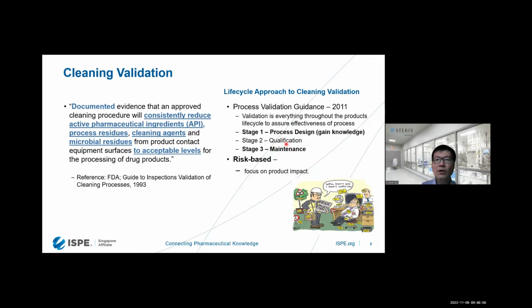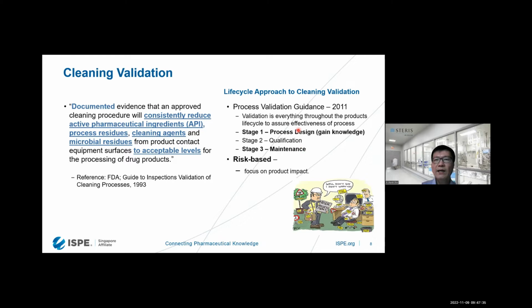In this stage, the main aim is to ensure that your validated cleaning procedures continue to be in the validated state in the foreseeable future by having a periodic review of your cleaning procedures, and also implementing process controls like, for example, the change control system, deviations, CAPAs, to ensure that you continue to monitor the performance of the cleaning process, and also some continuous monitoring processes as well. So this is a very important stage.